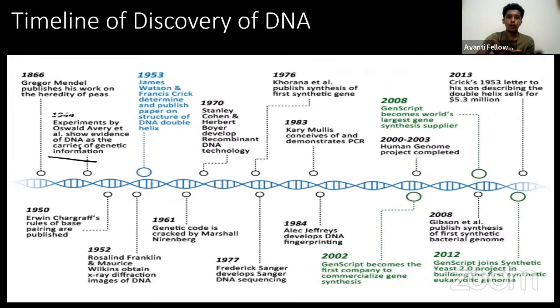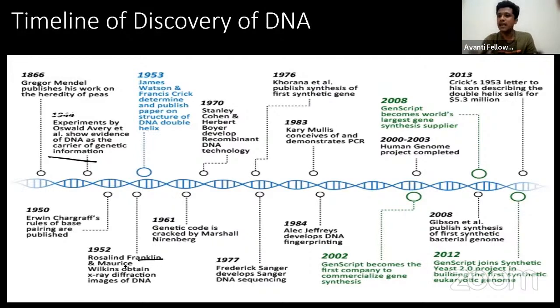Next comes Franklin and Wilkins, who performed X-ray diffraction studies on DNA. They took X-ray images of DNA by crystallography. After conducting this X-ray crystallography, they were not able to give a proper statement on what the structure of DNA was, so they failed to explain it.